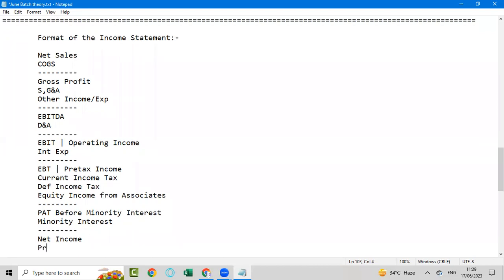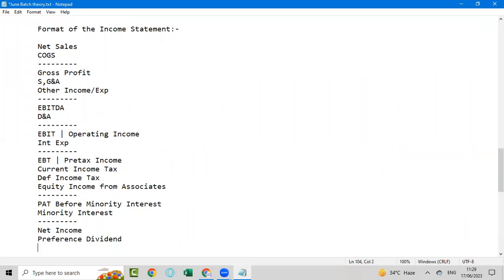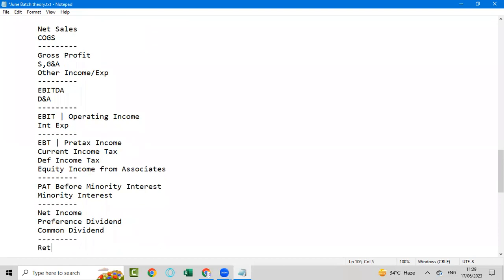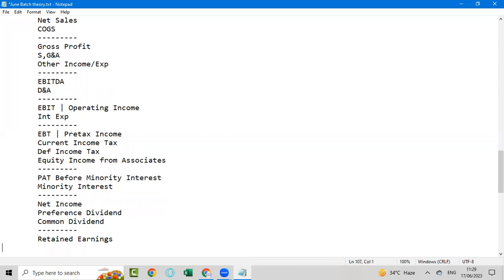Then we have preference dividend, common dividend. We will get retained earnings.